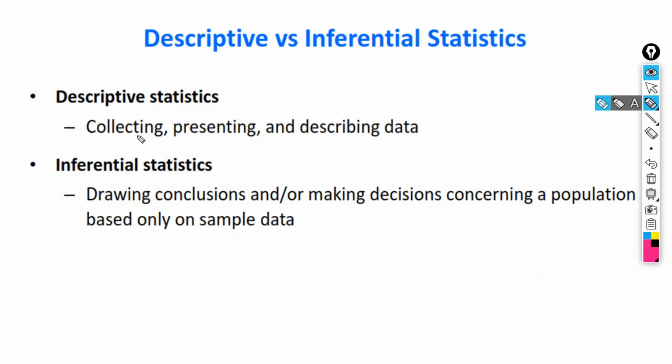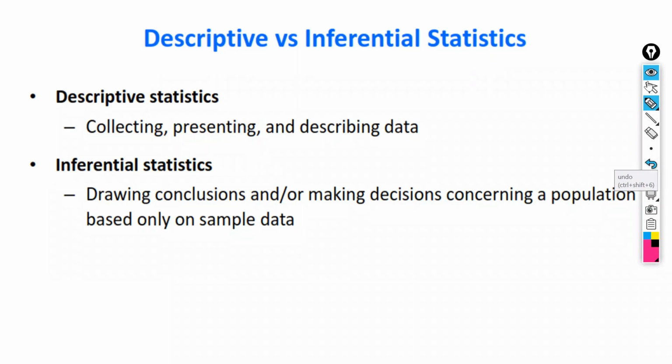For example, what is the minimum age and the maximum age of the students in this class? First I collect all the students' ages, and then I describe them: this is the minimum value, this is the maximum value, this is the average value. I'm saying minimum, maximum, and average because you already know these three terms. The remaining terms we are going to discuss in statistics.